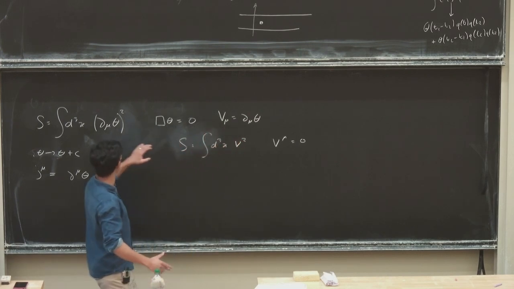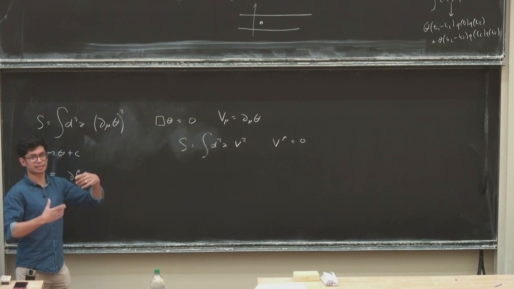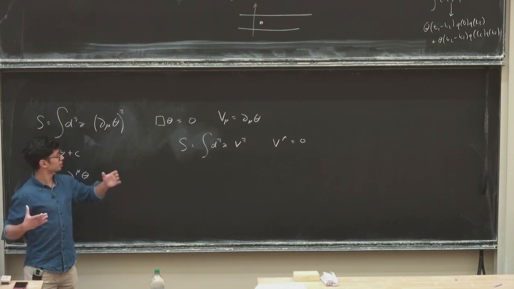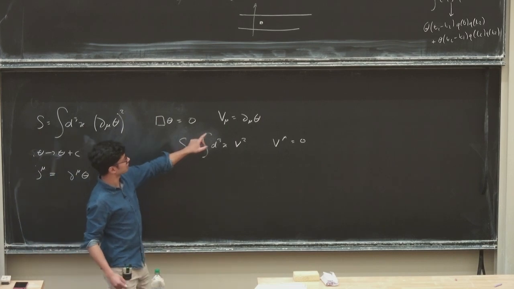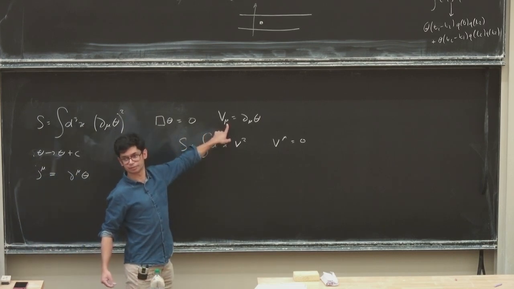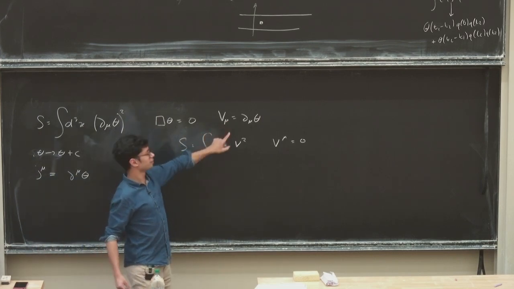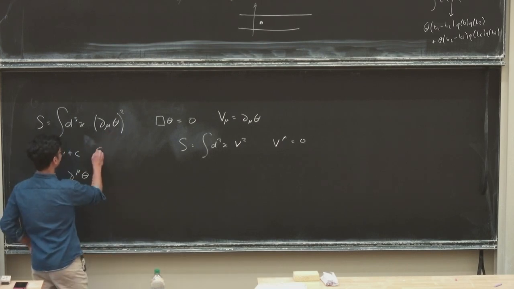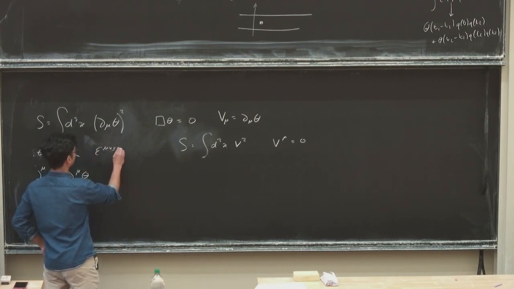Even though only v appears in the action, that doesn't mean that the degree of freedom can be v, because the set of fields that you integrate over here is different. In particular, if you have the gradient of theta, then certain field configurations will never happen.